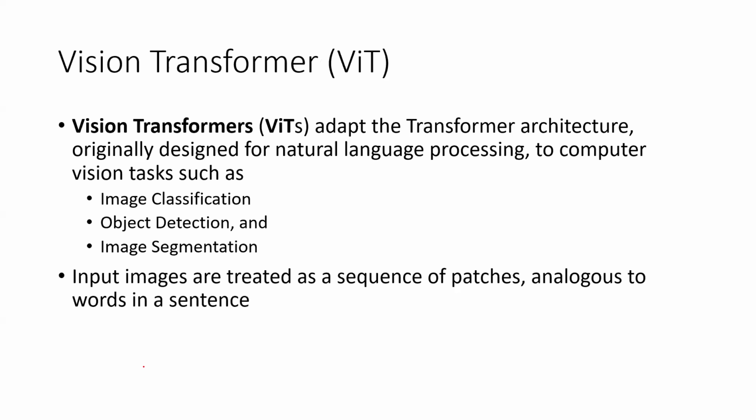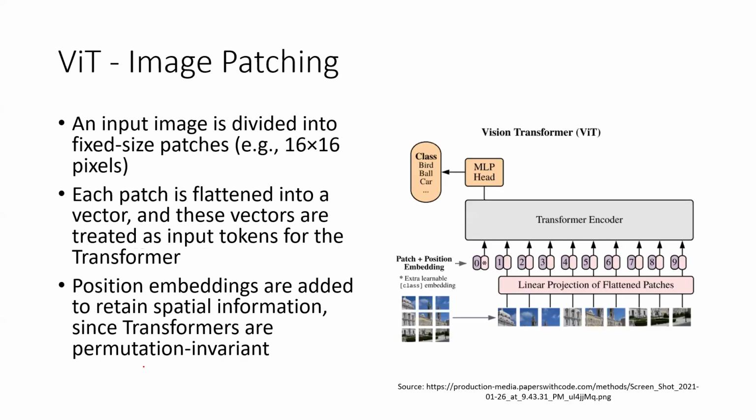In this case, the image is a matrix of pixels. So it can be considered as a sequence of patches, similar to the words in a sentence. These patches, that means nearby pixels, are grouped together and taken as fixed size patches, like 16 by 16 patches.